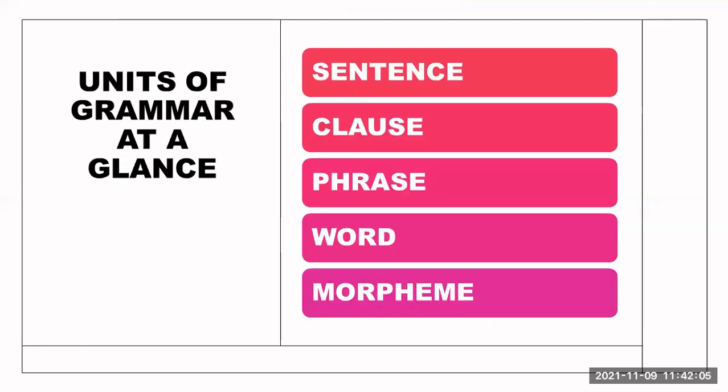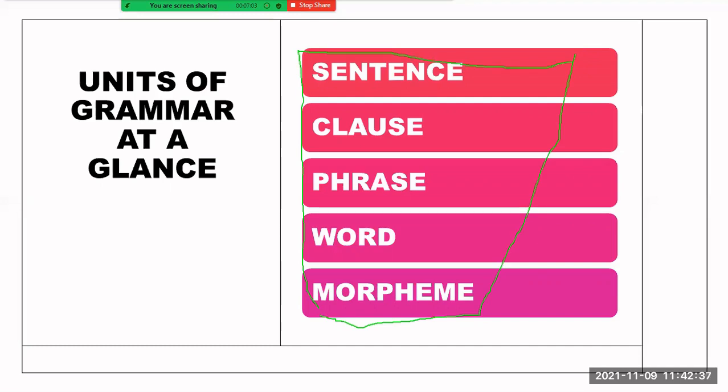Now, these are the units of grammar at a glance. And again, here you can see what I really meant. You can look at this as a kind of inverted pyramid here.